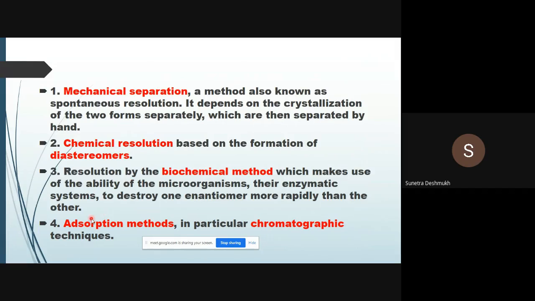And the last one is the adsorption method, which particularly includes chromatographic techniques. This is a broad classification of four different techniques for resolution of the racemic modification.